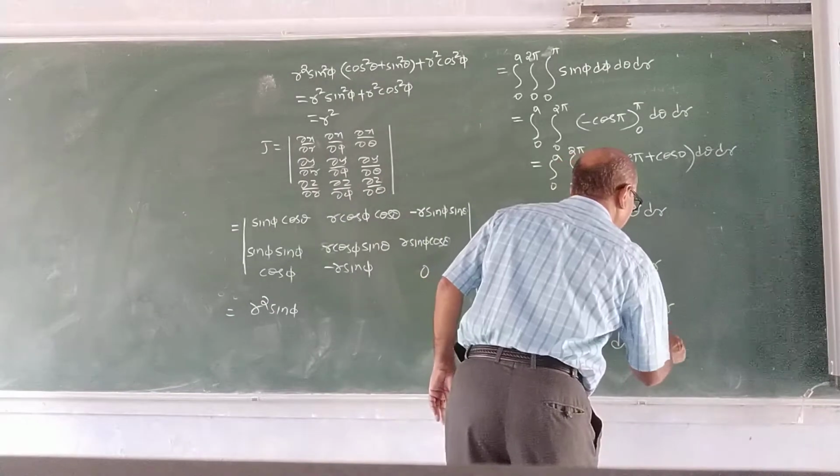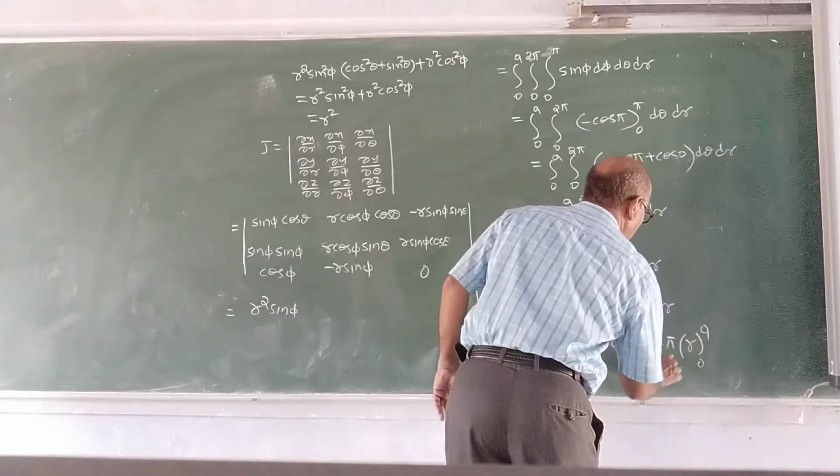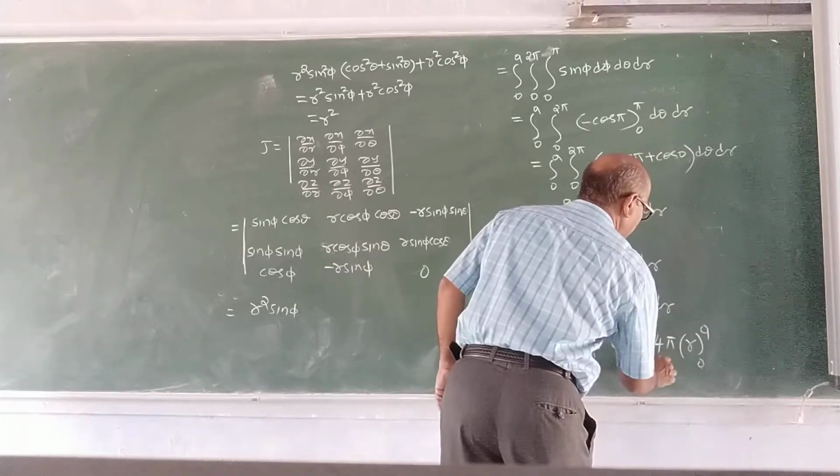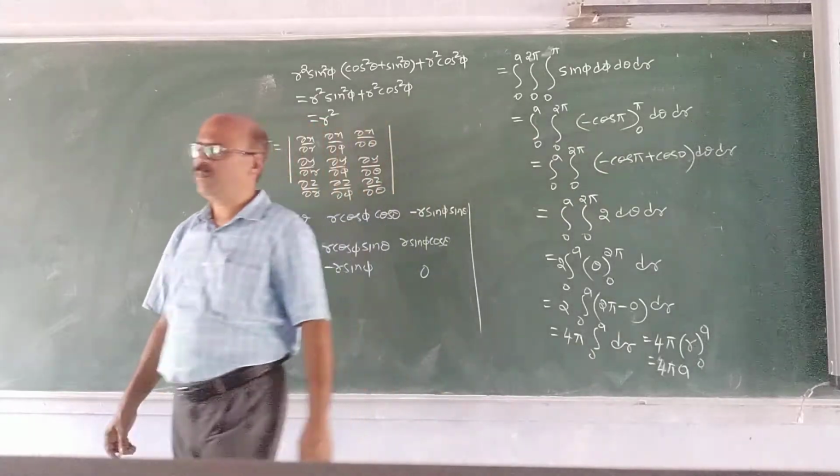So 4 pi, r from 0 to a, so the answer is 4 pi a.